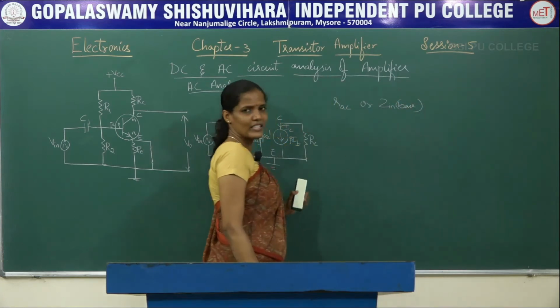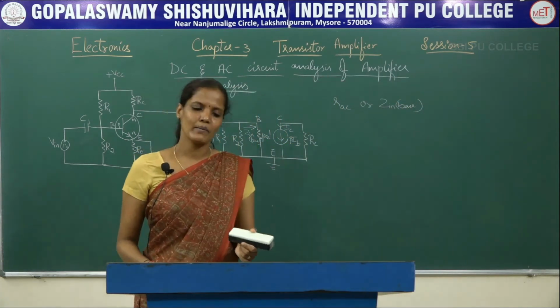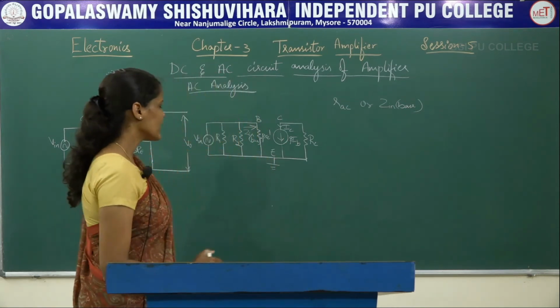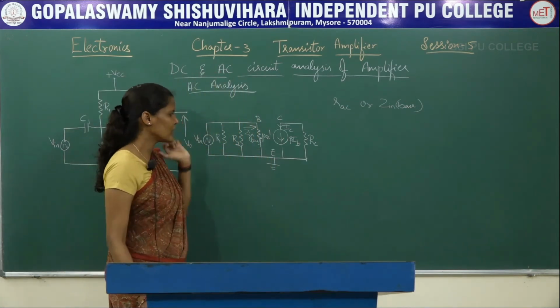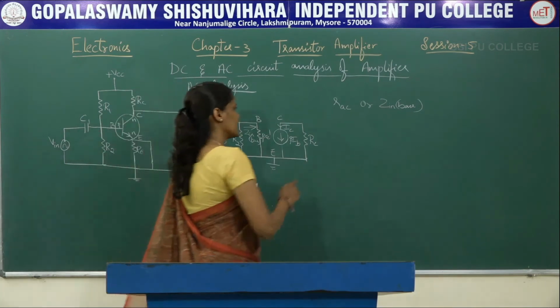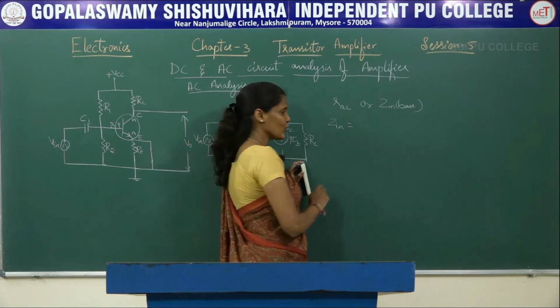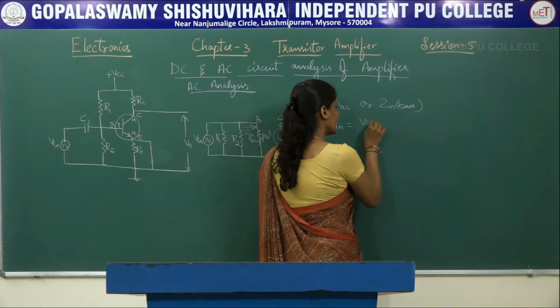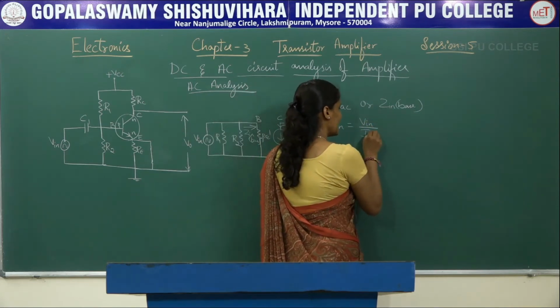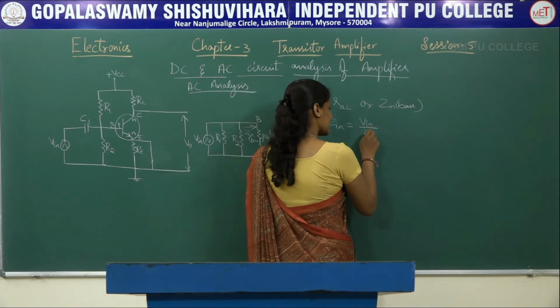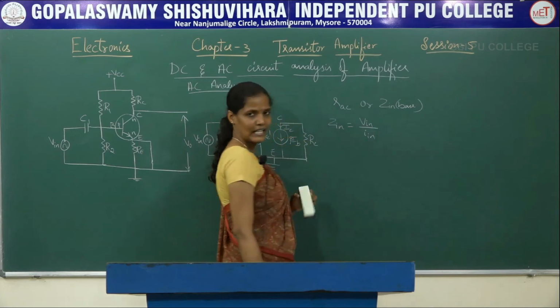Now let us try to understand all of these parameters, that is input impedance and output impedance, separately. The input impedance, when looked into the base side, will be denoted by Zin, which is nothing but the ratio of input voltage Vin to the input current In. Since we are doing the AC analysis, let us denote it by small letter in.